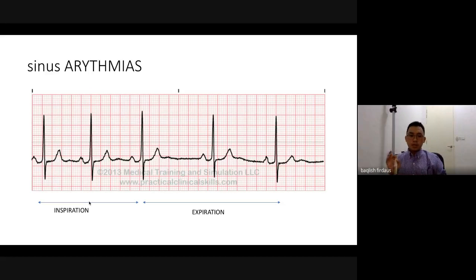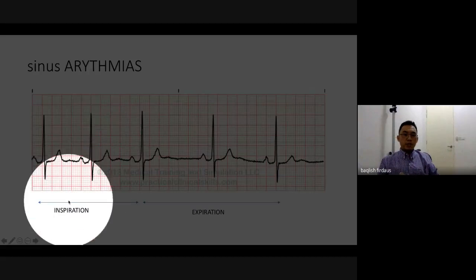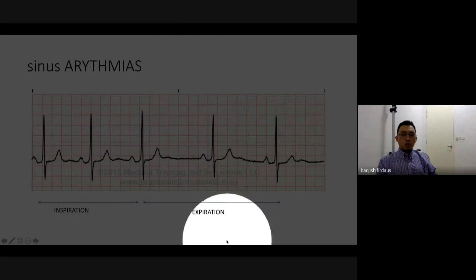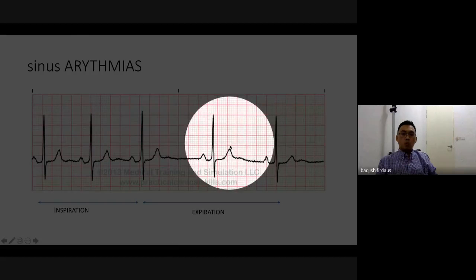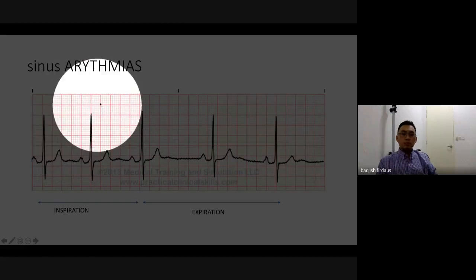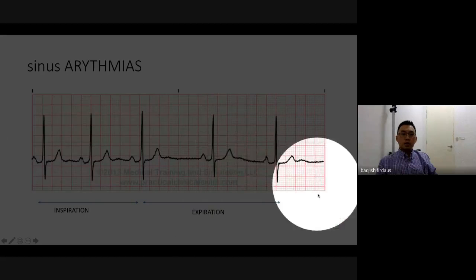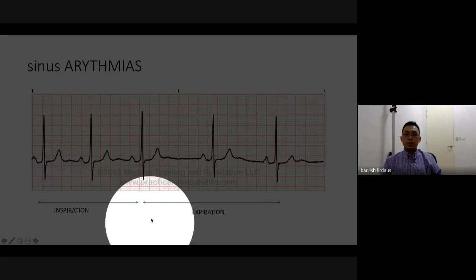It usually occurs in patients who are extremely young or extremely old, or in athletes, where their vagal tone is very prominent. During inspiration, our heart rate will usually increase, and during expiration, our heart rate will reduce. So there will be a variation of the RR interval according to the inspiration and expiration phase.